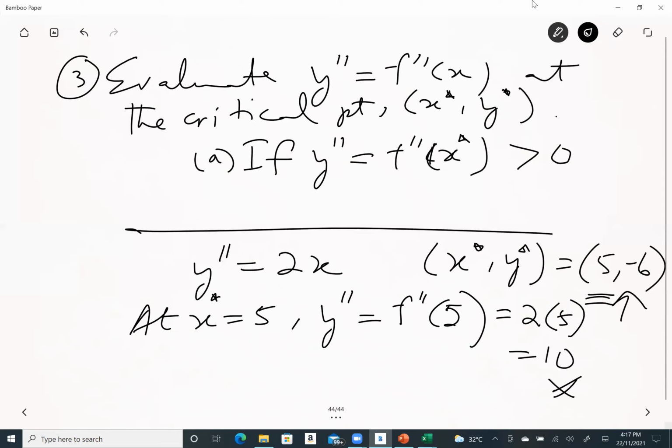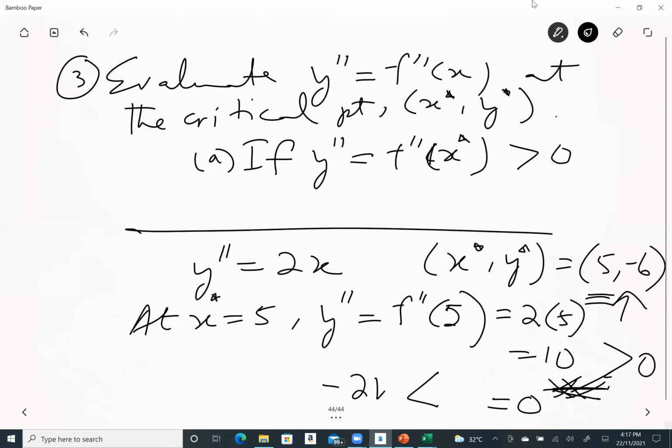So you have a value here. The value can be positive, like 10, or it can be negative, maybe negative 21, or it can be equal to 0. These are the possibilities.